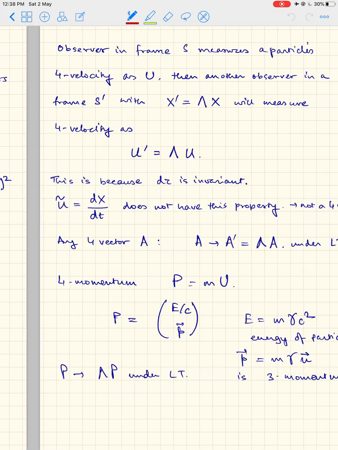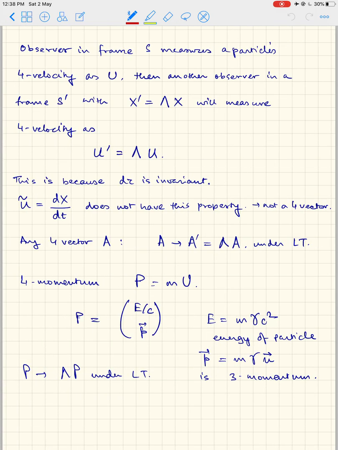If there is an observer in a frame S which measures the velocity of a particle as u, and there is another observer in a frame S prime such that x prime is lambda x, that observer is going to measure u as lambda u. Now since we have defined things in this nice way, these transform in the usual way, and we don't need to think of transforming x's and t's separately. It transforms nicely under these Lorentz transformations.